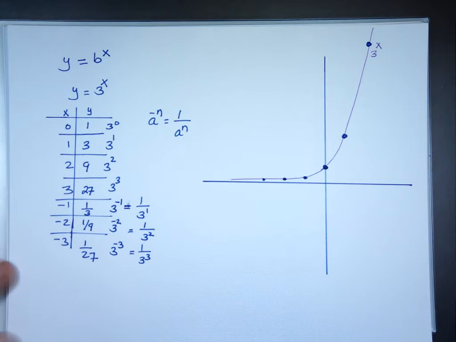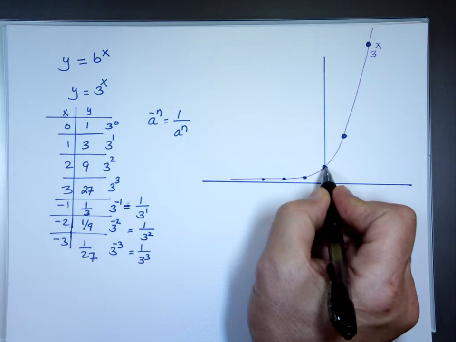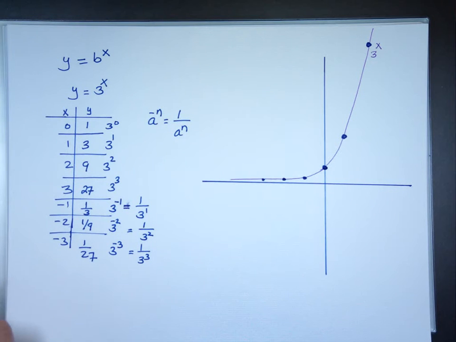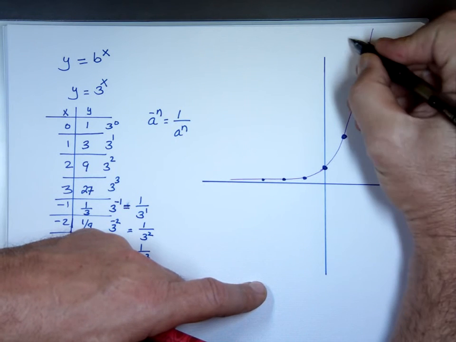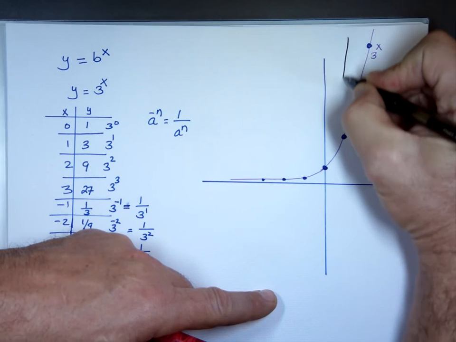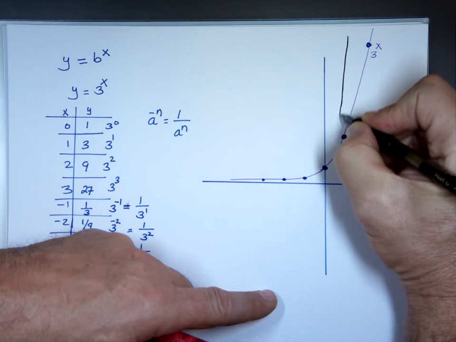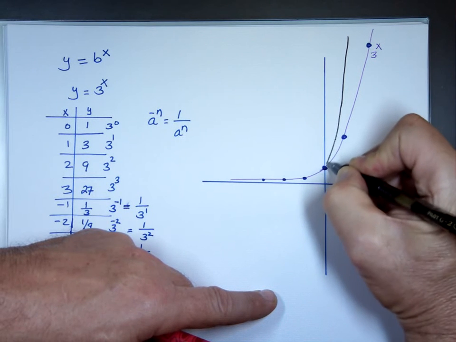If I wanted to graph 4 to the x, what do you think the graph will look like? This is 0, 1, this point, by the way. What's 4 to the 0? 1. So 4 to the x will have the same shape except sharper. It rises faster. And it falls faster.